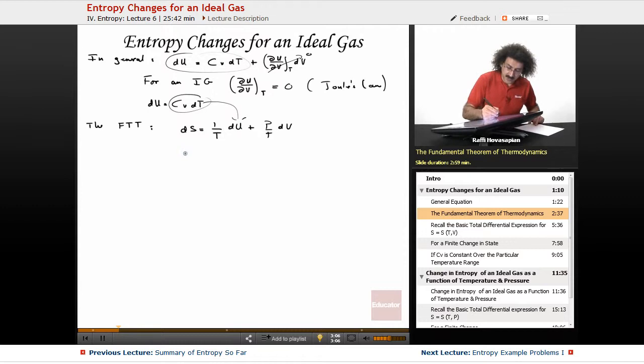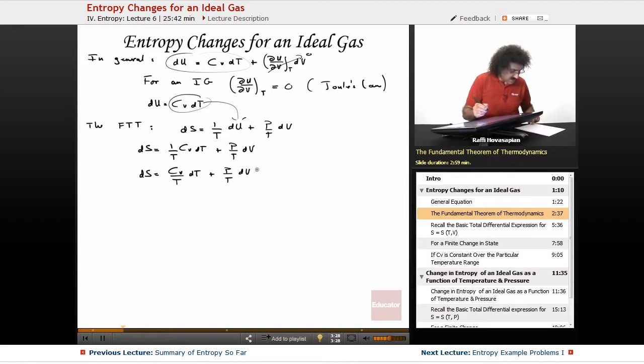What we end up with is dS equals 1 over T CV dT plus P over T dV. So I'll write this as dS equals CV over T dT plus P over T dV.